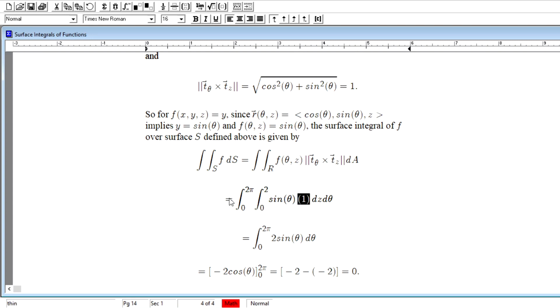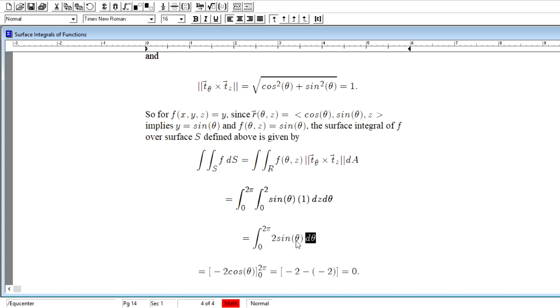And what we end up building is this double integral over region R, where region R was defined by values of theta between 0 and 2 pi, and values of z between 0 and 2, applied to just the sine of theta. Integrated first with respect to z would be just sine of theta times z, evaluated from 0 to 2, resulting in 2 sine theta.